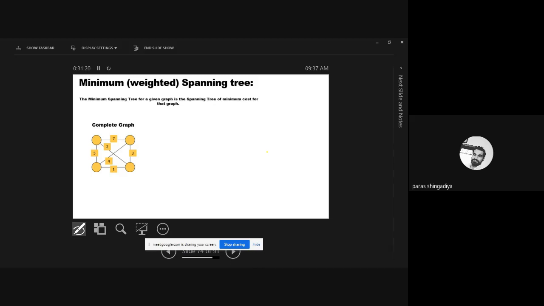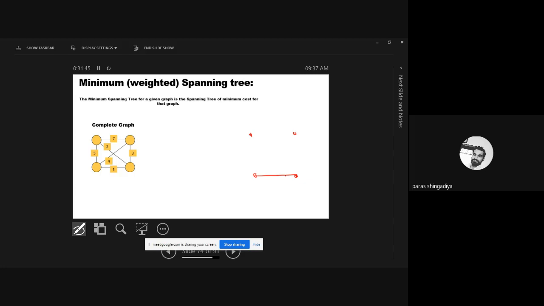So first, as we know, what is the circuit rank of this graph? It is 3. Okay, so just create this graph. So what is the minimum weight? It is 1. Okay, so connect first these two vertex.